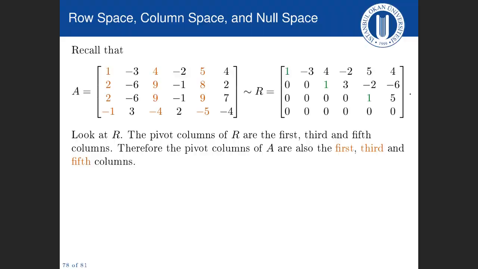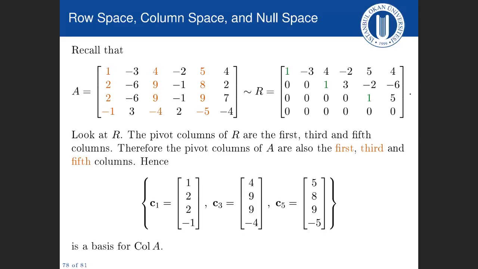That means that we want the first, third, and fifth columns of the matrix A that we started with. So the first column of A and third column of A and fifth column of A give us our basis for the column space of A.